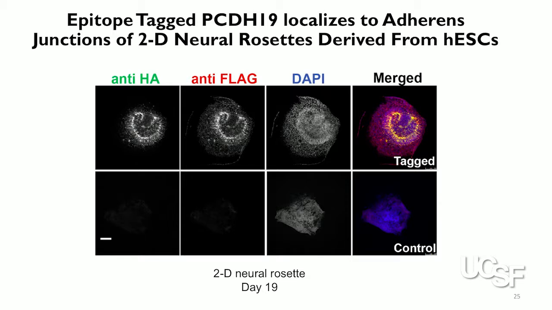The top one is the tagged PCDH19 embryonic stem cells, and the bottom is the control, the non-tagged PCDH19 embryonic stem cells. We use a similar differentiation protocol as we showed in the patient neurons, and take the sample from the neural rosette using two different antibodies, because we put in two sequences, HA and FLAG. They are nicely co-localized at the adhesion junction in the neural rosette, and this is very specific to only the tagged lines.